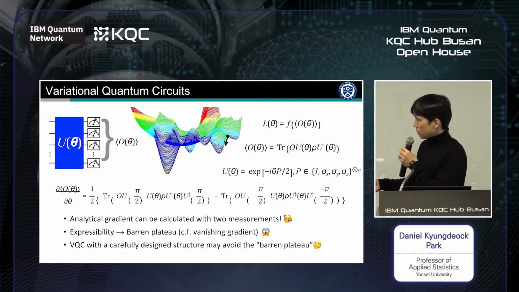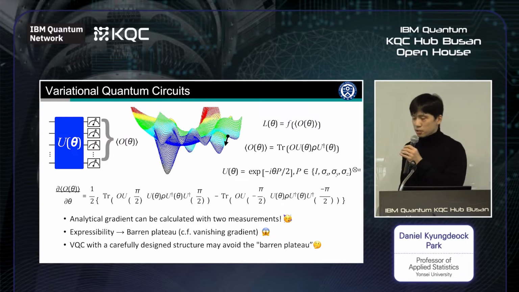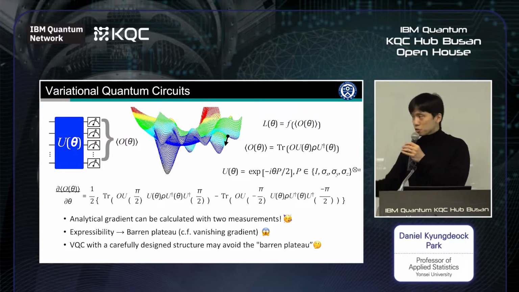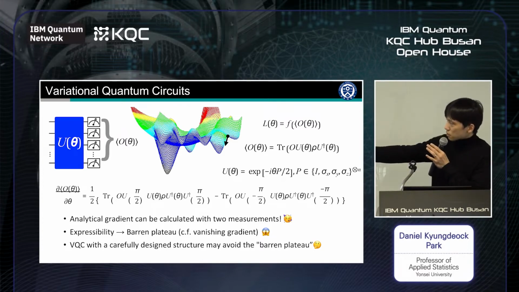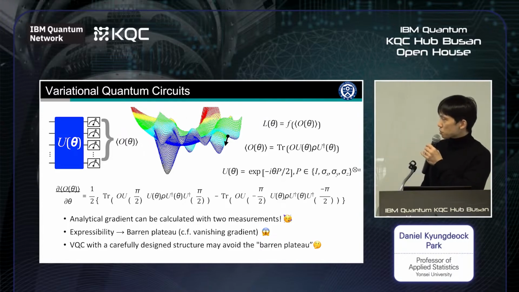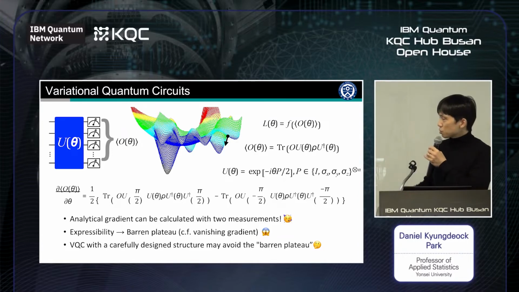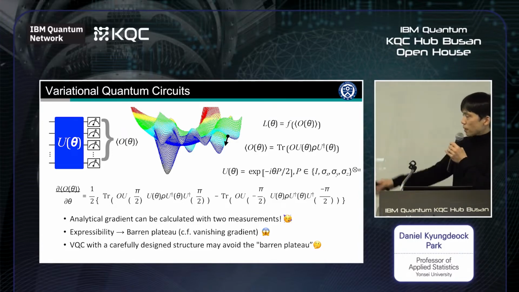So perhaps we might have to sacrifice a little bit of expressibility, which is very similar to putting a prior distribution on our problem, and that could vaguely correspond to designing these variational quantum circuits with some specific structures to kind of give up on expressibility to avoid the Barren plateau effect.